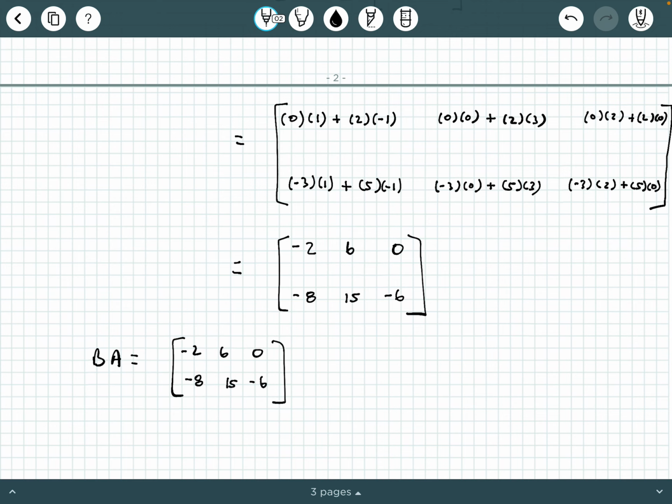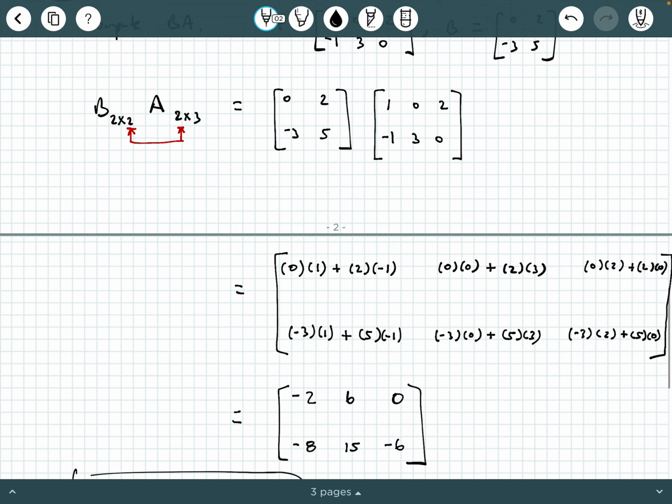Okay, one more time. So this is my answer. I'm going to say it one more time, maybe try to say it a little bit differently. What you do is you, one by one, you multiply the rows of the left matrix by each of the columns of the right matrix. And then the row and column designations that you're multiplying together become that spot or that entry in your product.